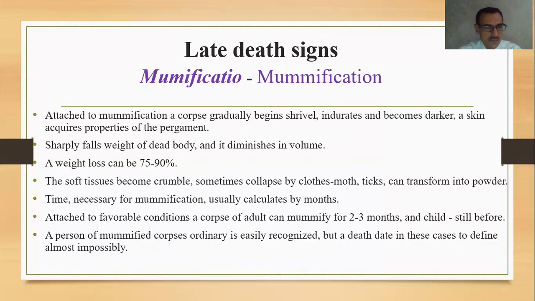Time necessary for mummification is usually calculated in months. Under favorable conditions, a corpse of an adult can mummify in 2 to 3 months and a child even sooner. The person of mummified corpses is ordinarily easily recognized, but the death date in these cases is almost impossible to define.